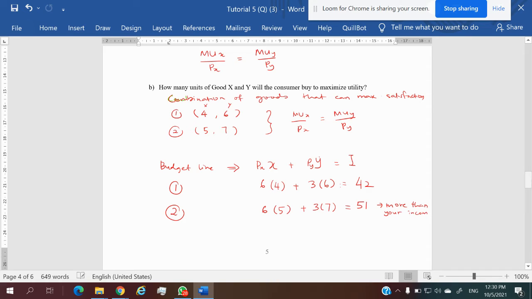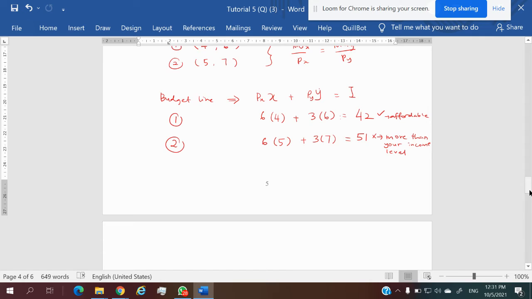This combination is not affordable. So you will use the first combination because you can afford it. This means the answer is the first combination.